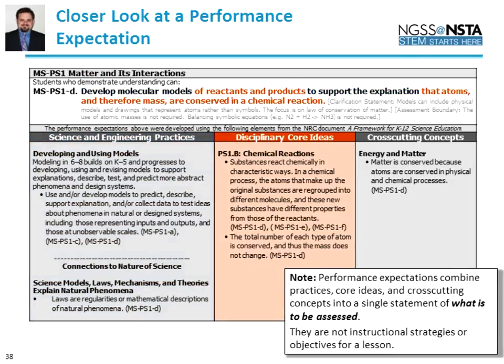It deals with certain core ideas, such as the idea of reactants and products, and that atoms and therefore mass are conserved in the chemical reaction, and the cross-cutting concept about matter being conserved in physical and chemical processes, such as a chemical reaction. And so all of these different pieces here, by assessing this performance expectation, we gain a sense of what students know and are able to do about all the different elements in this box.